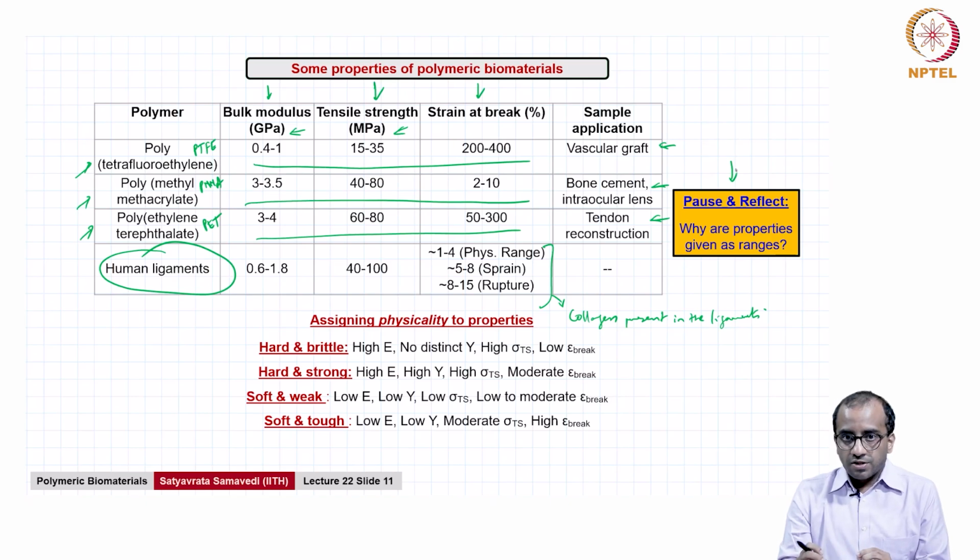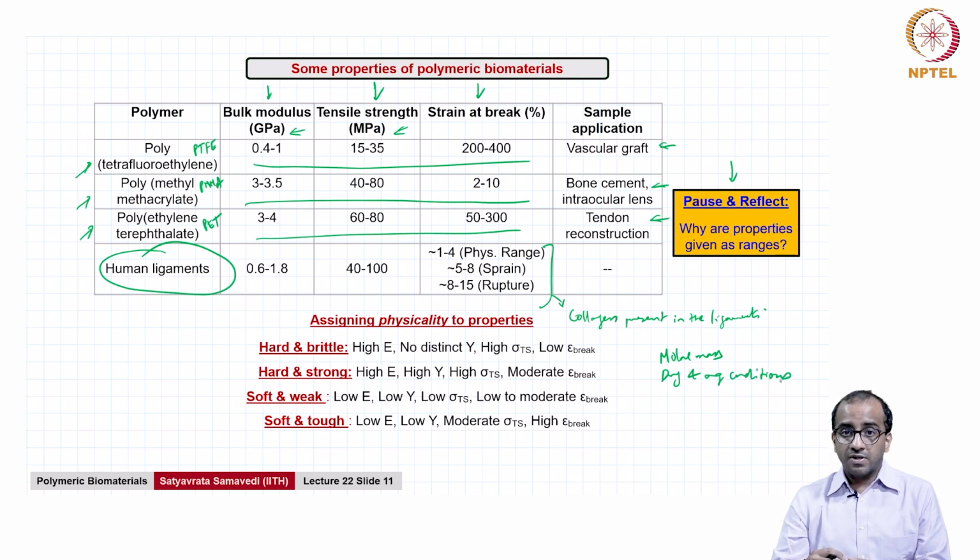I will give you some ways to think about it, and maybe that will give you a good starting point. One is, remember that many of these properties will depend upon molar mass, and we have not specified what the molar mass is here. It will depend upon whether you are testing it under dry or aqueous conditions.